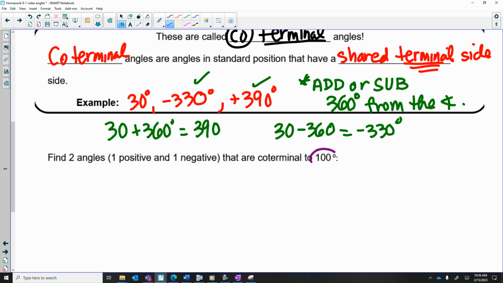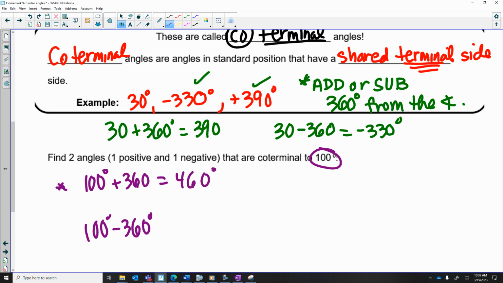It says find two angles, one positive and negative, that are coterminal to 100. So let's do 100 plus 360 and we'll do 100 minus 360. 100 plus 360 is going to be 460 and 100 minus 360 is going to be negative 260.